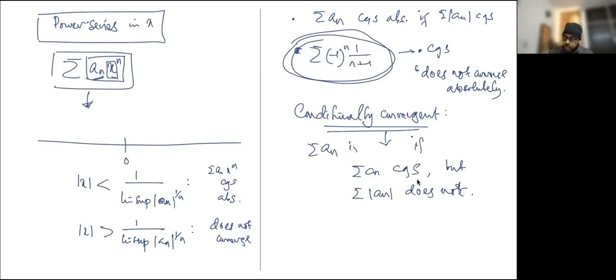Okay, now let's say you have two series, summation a and summation b, where the terms here are a0, a1, a2, and so on, and here the terms are b0, b1, b2, and so on.